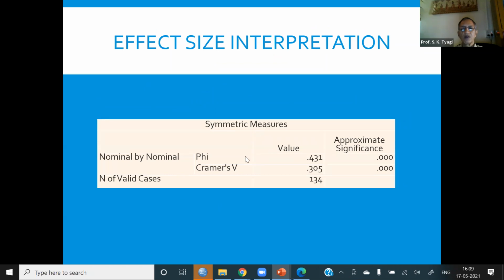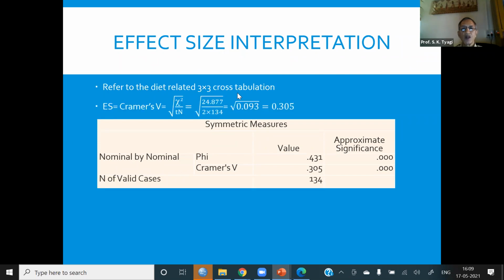Now refer to the diet related 3 by 3 cross tabulation. So the effect size in this particular example, the diet problem, the value of chi-square was 24.877 and the value of n was 134. The value of t is the smaller of 3 minus 1 and 3 minus 1, that is 2.